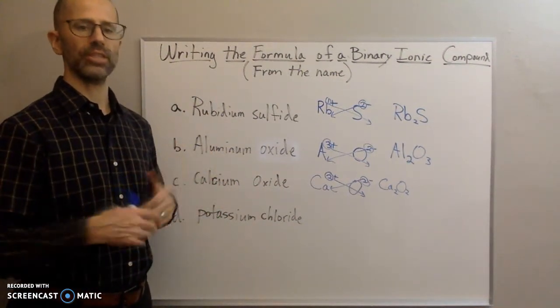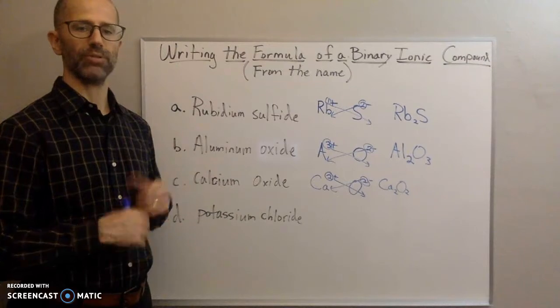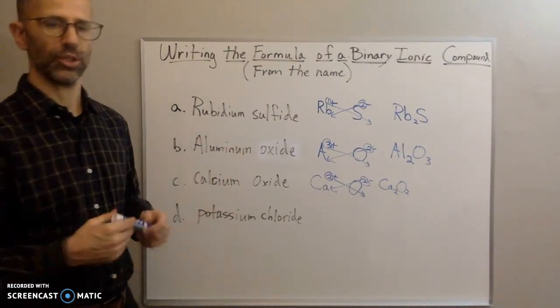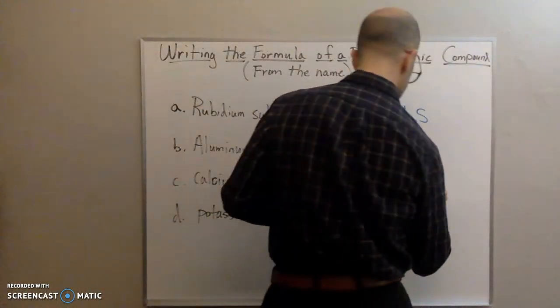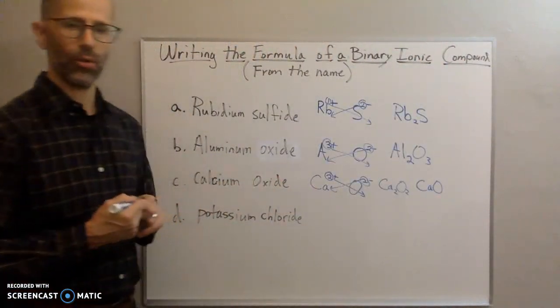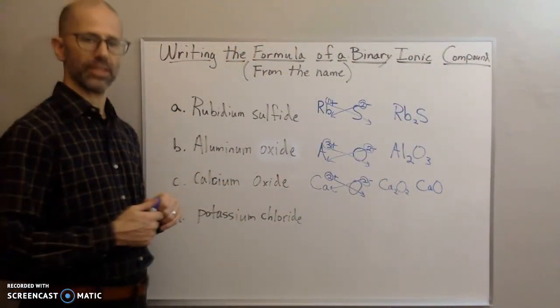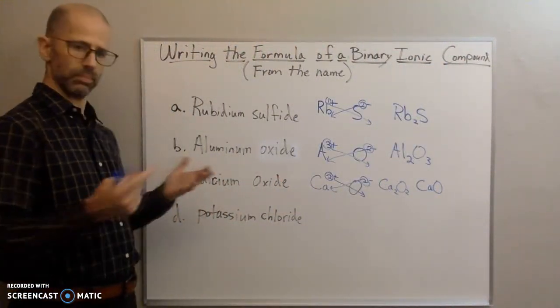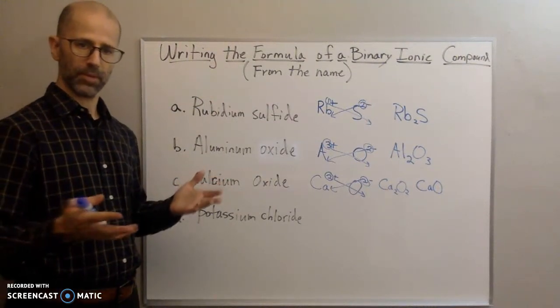So 2 to 2 is not the lowest ratio you can have. 1 to 1 is the lowest ratio. So you're going to write CaO. So that is the formula for this compound. With me so far? Good.